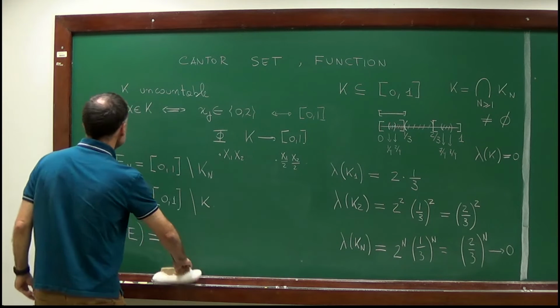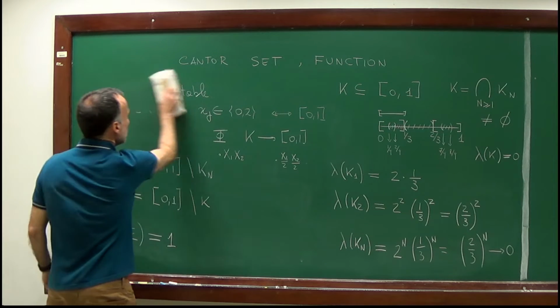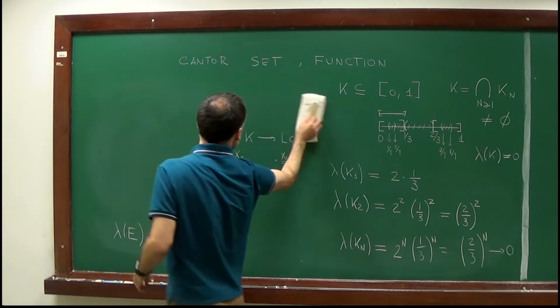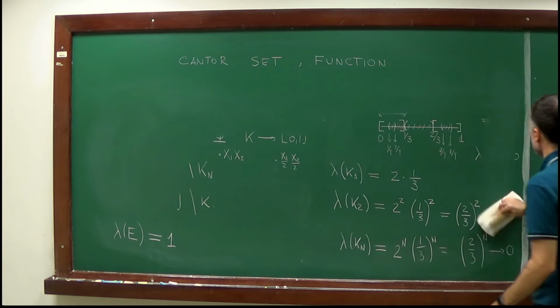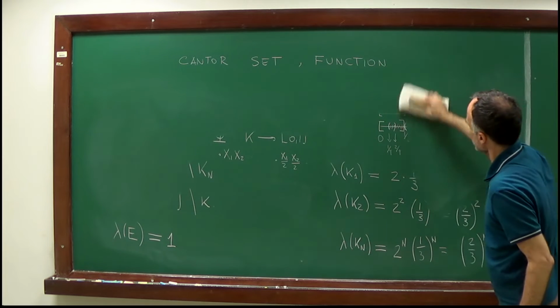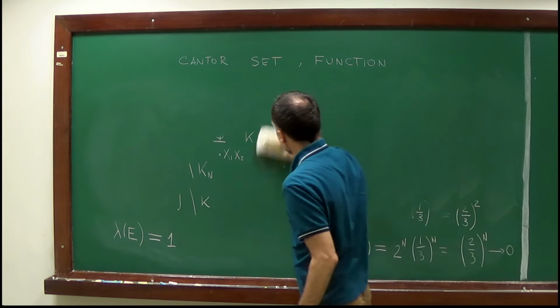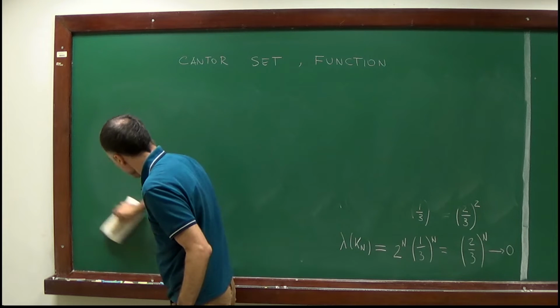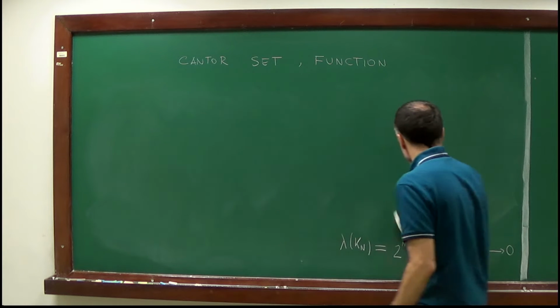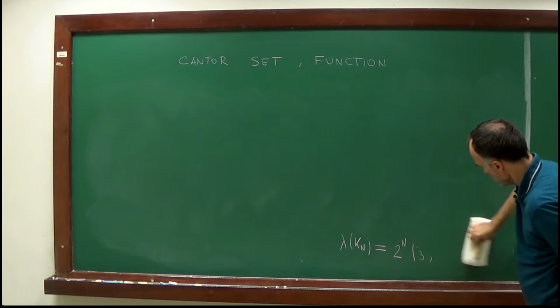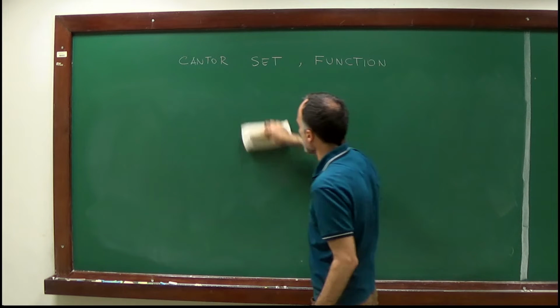Okay? So now I want to discuss the Cantor function. The Cantor function is an example of a function which is monotone increasing.